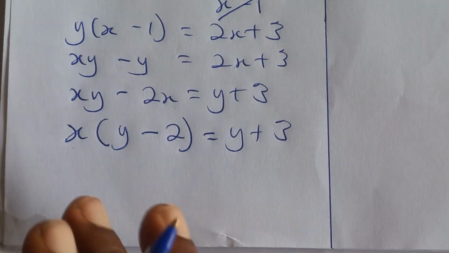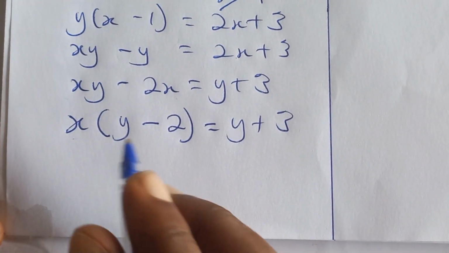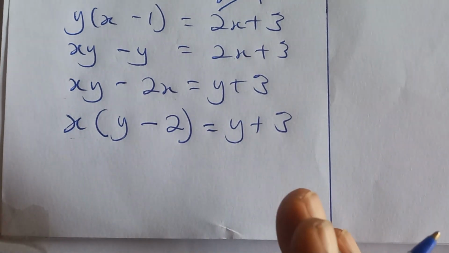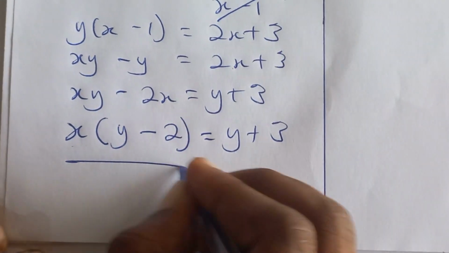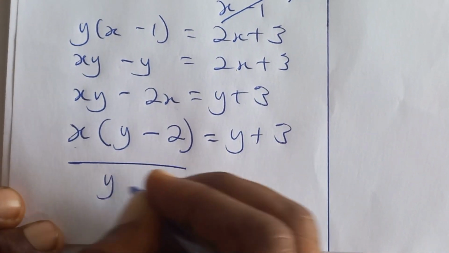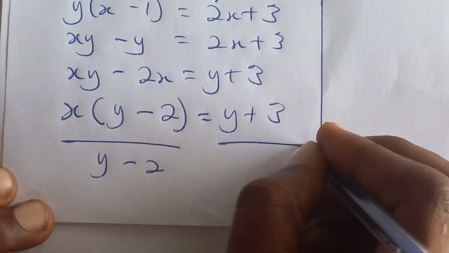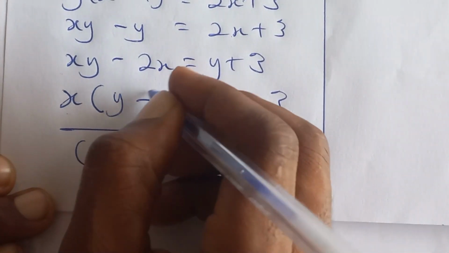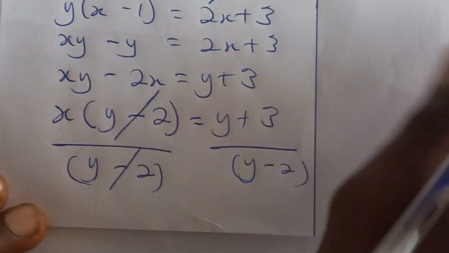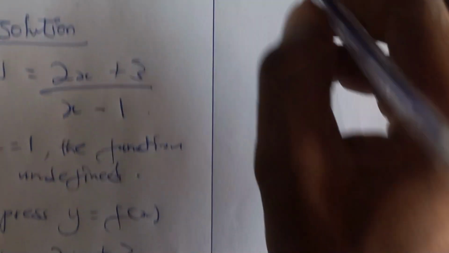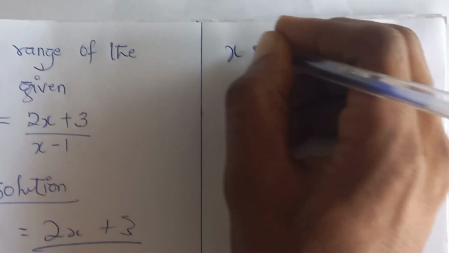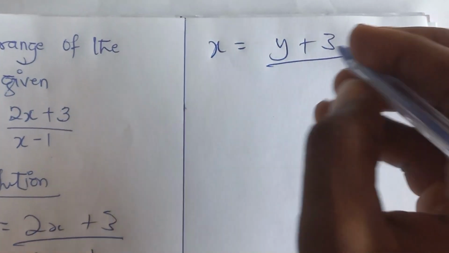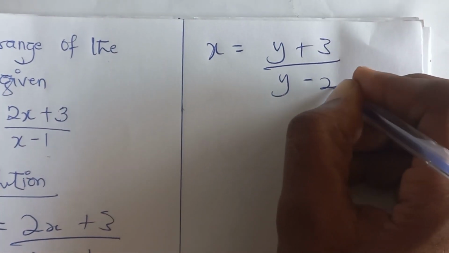Now we have to divide both sides by y minus 2. Okay, so we divide both sides by y minus 2. So this will cancel out this, giving x is equal to y plus 3 on y minus 2.